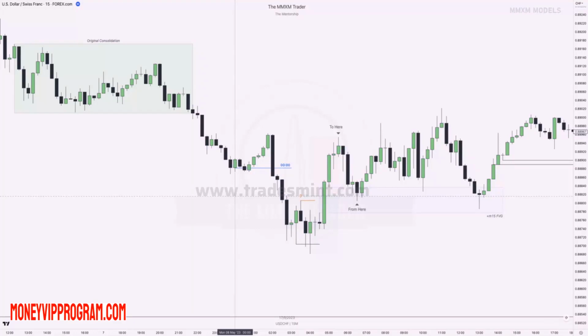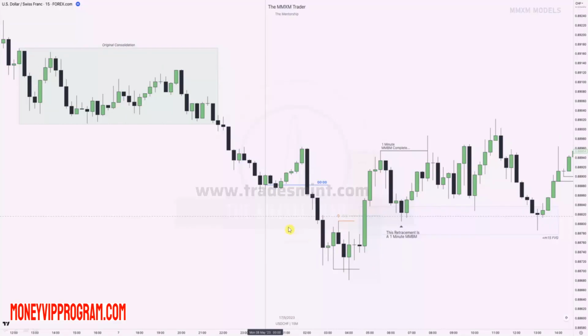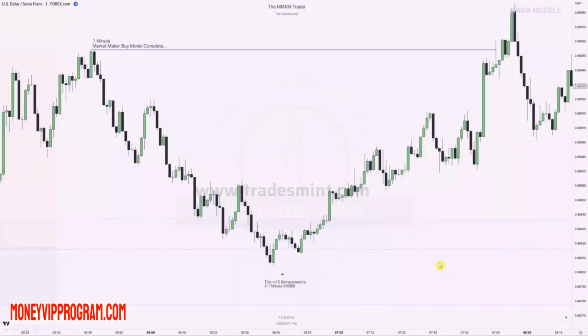If we dive into a 1-hour chart, that's the higher time frame for a 15-minute market maker buy model, and so on. So again, this retracement down here will be a 1-minute market maker buy model, right? We're dropping below New York midnight open price, so everything is lining up. Higher time frame is lining up, and now we dive into the 1 minute to scout for our setup.